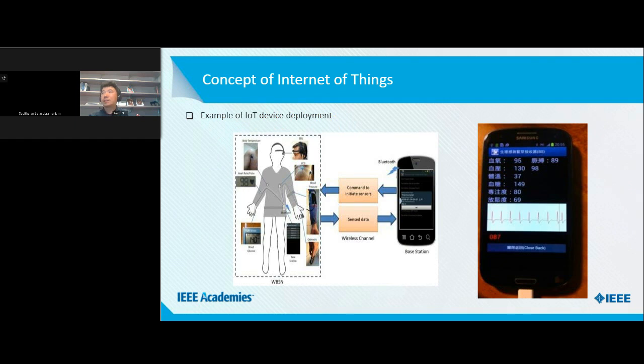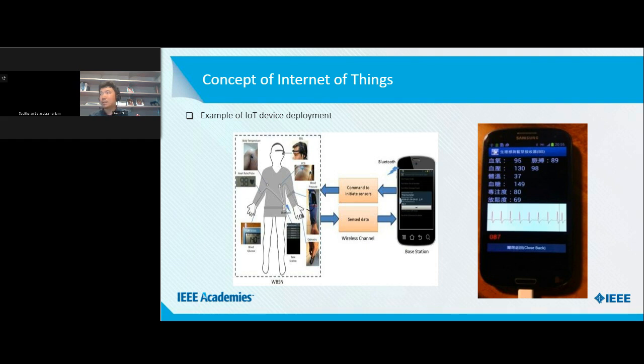So this slide just shows one example of a wearable physiological sensor network, which combines smartphones with body sensors that are on us. The smartphone serves as a base station or a gateway with a built-in Bluetooth or Wi-Fi module.